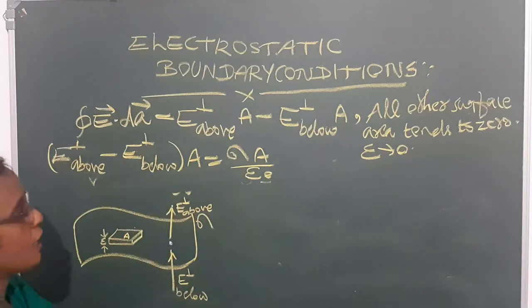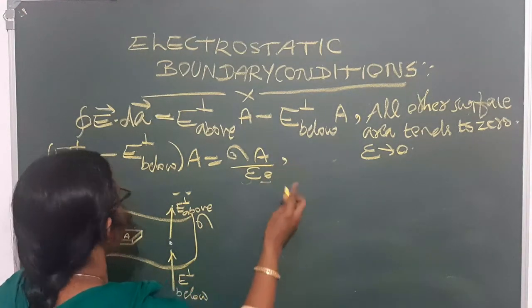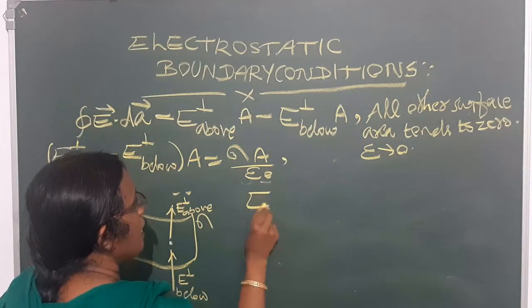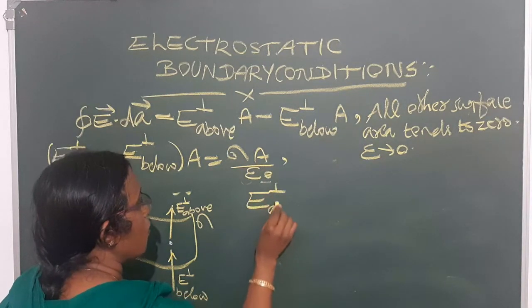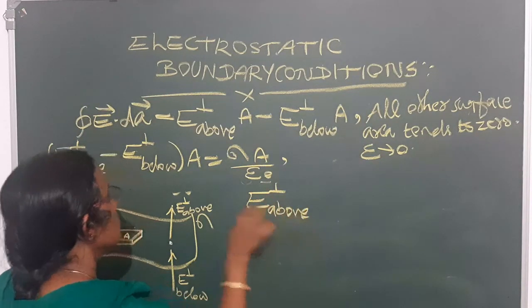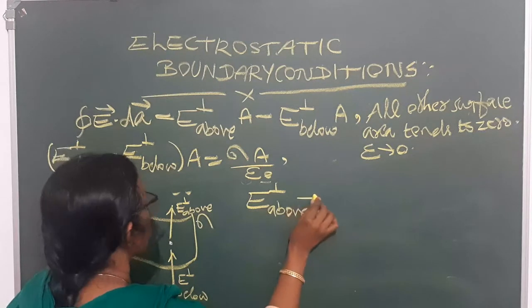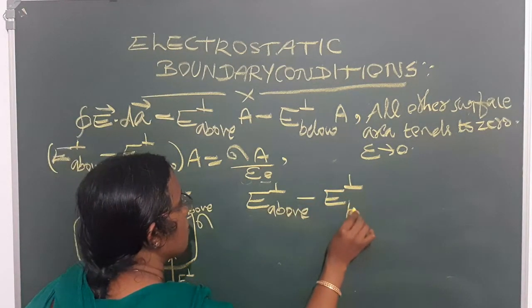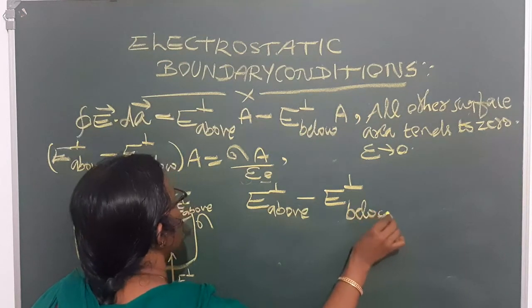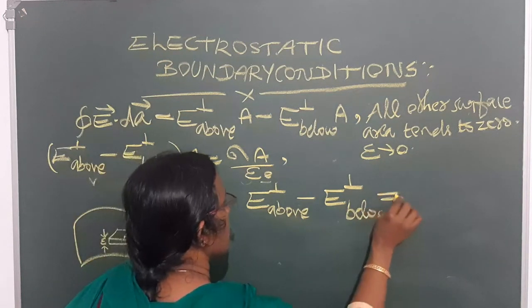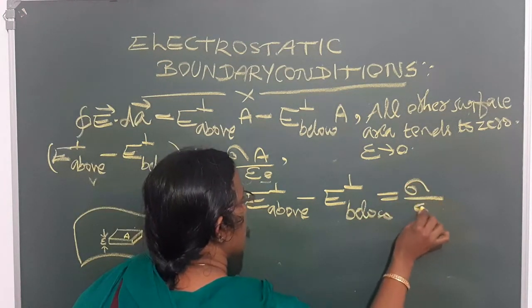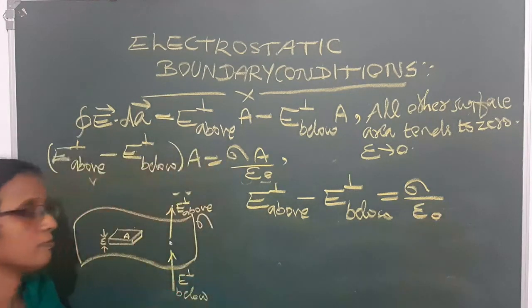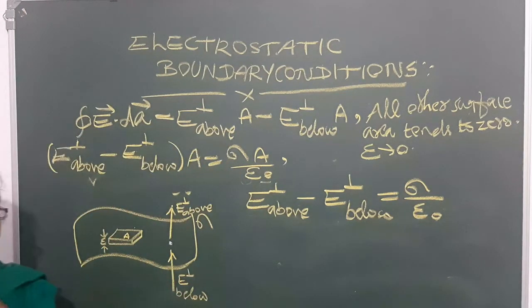Cancelling this A, you get E perpendicular above minus E perpendicular below equals sigma by epsilon 0.